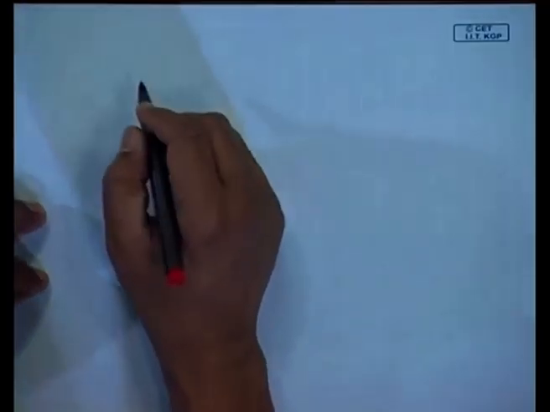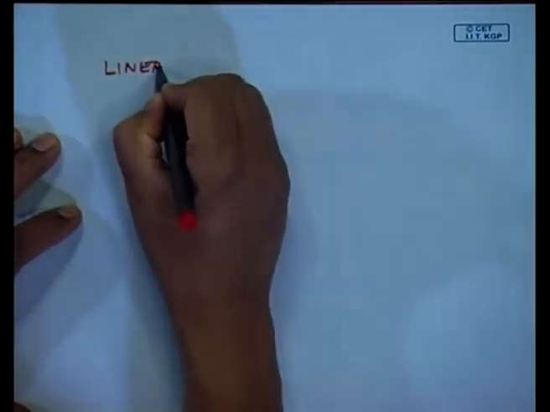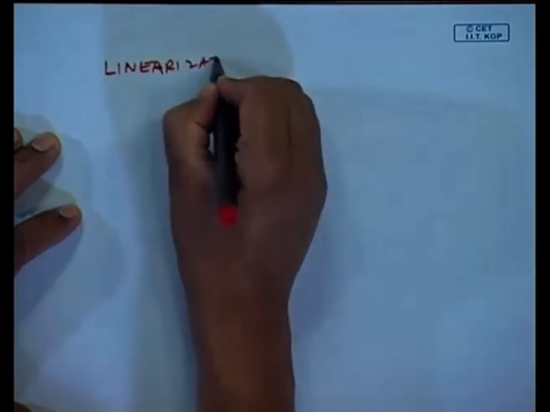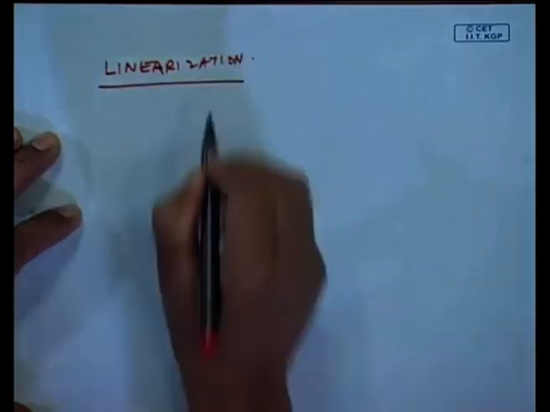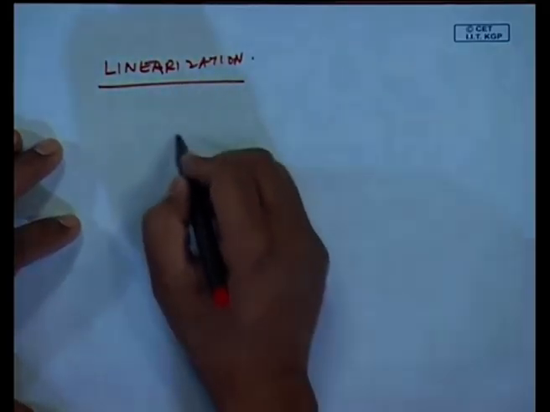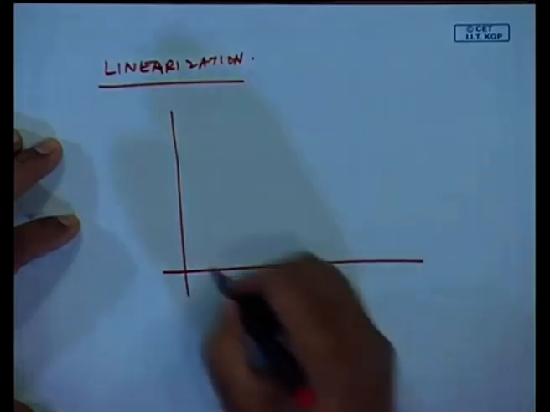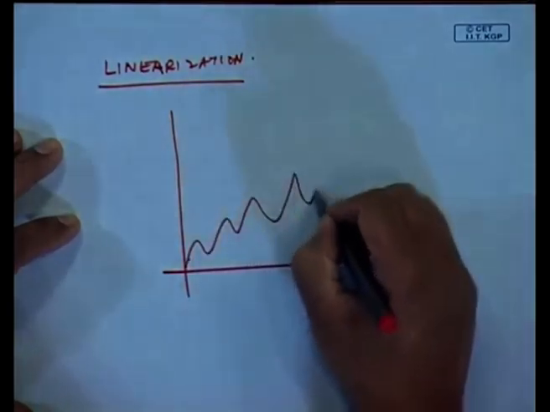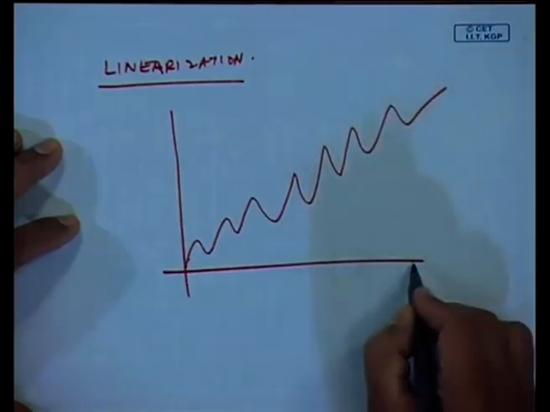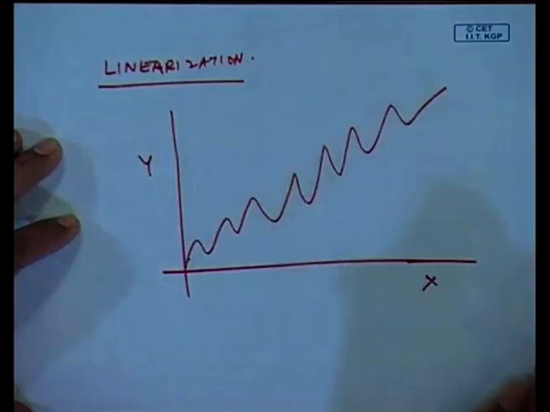A few more amplification units are linearization. Particularly in some strain gauges, etc., the outputs are not linear. Okay. Suppose my output with time or with a certain range is some x and y parameter. This is my output.